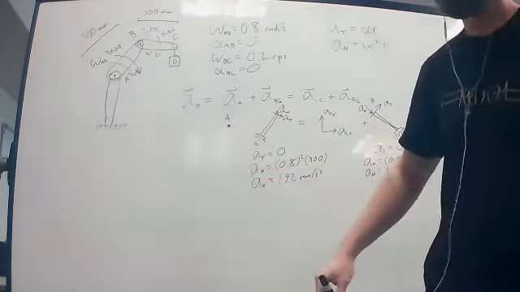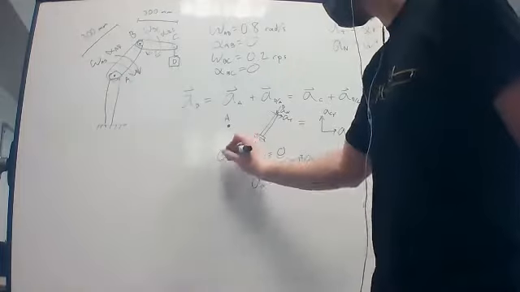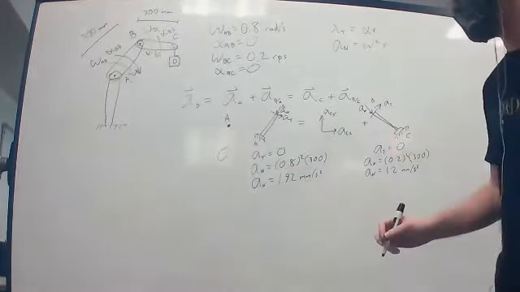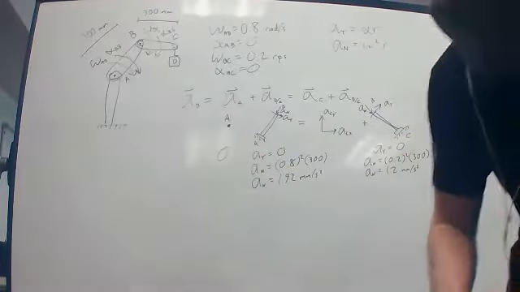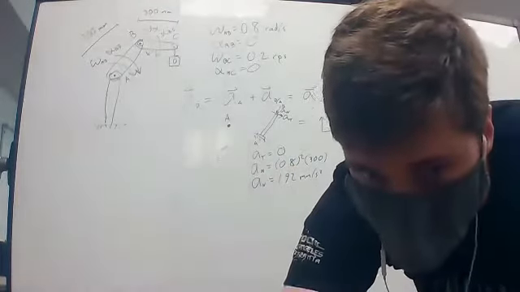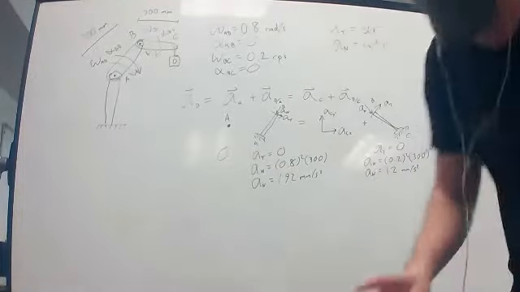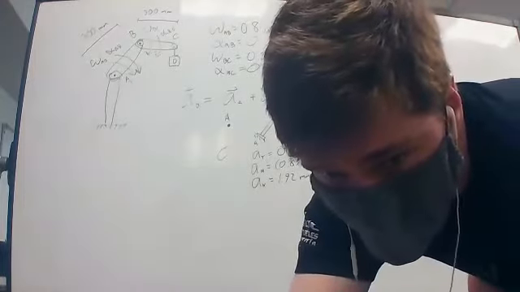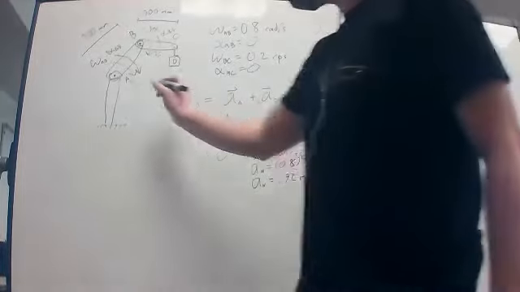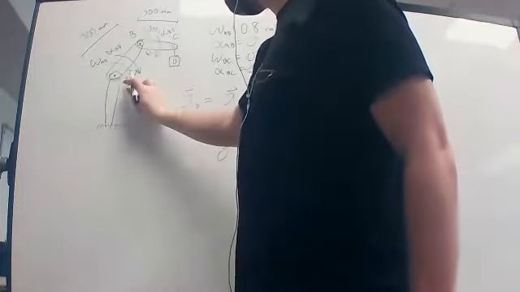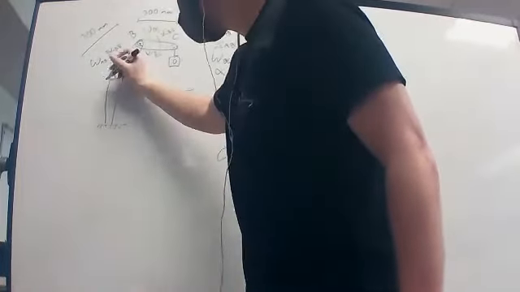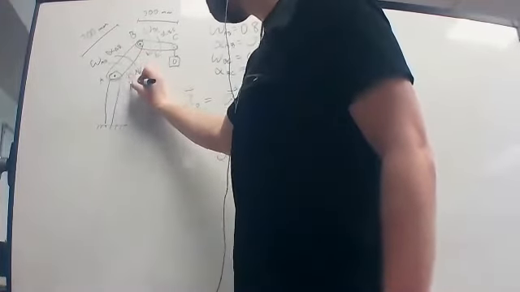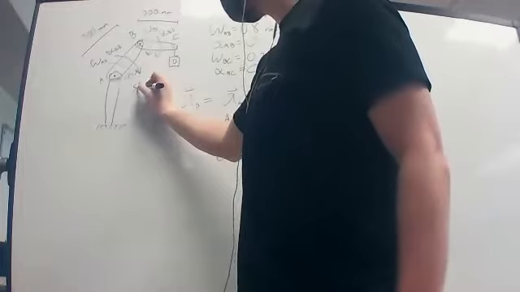A is stationary, so this is essentially 0. And we have our two unknown pieces here. So we can go ahead and, after establishing, because we are given the last thing we need, that this angle here, that angle is 50 degrees.